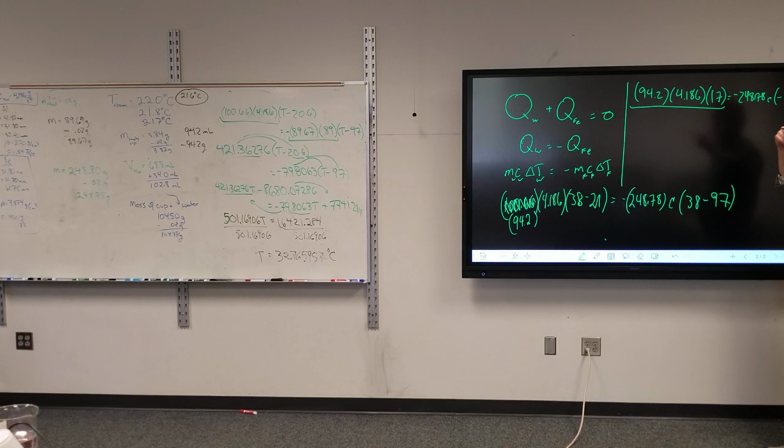So what do we get on the left-hand side? 6,703.4604. That's going to be equal to, and then this times that.